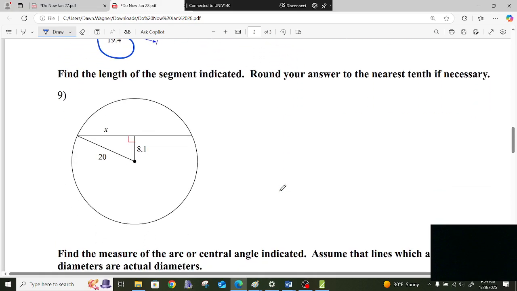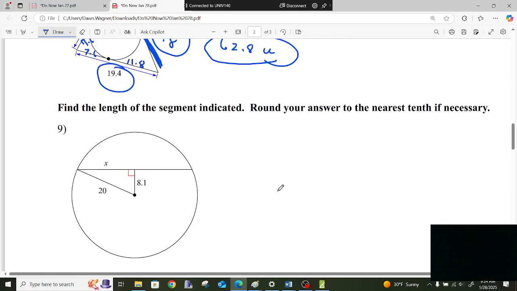Okay. So it says here, find the length indicated. This one I'm forced to find the missing length by doing the Pythagorean theorem because I didn't get this piece over here. I don't know what this is, right? But I have a right triangle with a missing side length. So this one I have to use the Pythagorean theorem. So this would be x squared plus 8.1 squared will equal your hypotenuse squared.